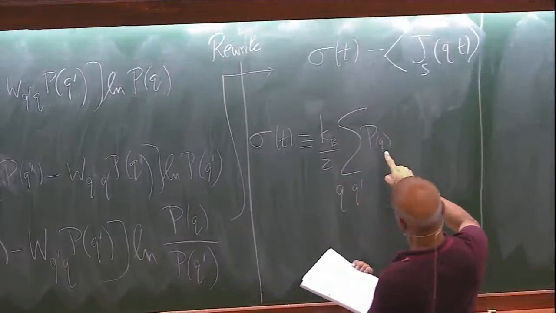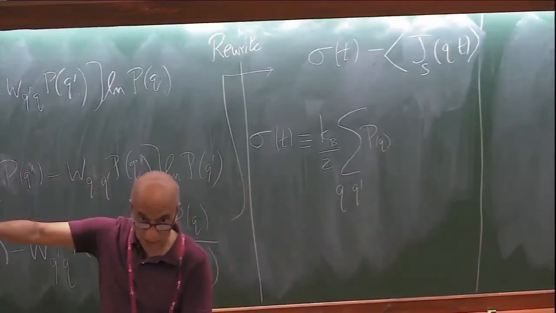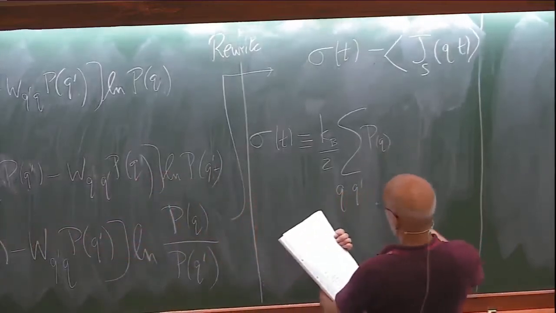I'm suppressing the T index. T is there everywhere. All of these are in principle expressions valid at each point in time. I'm just saving myself the trouble. So all of these guys have got a T there in principle.